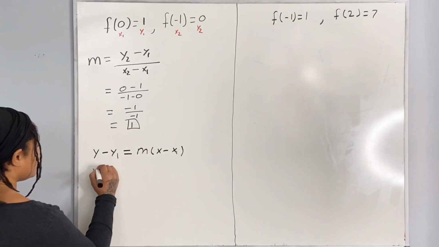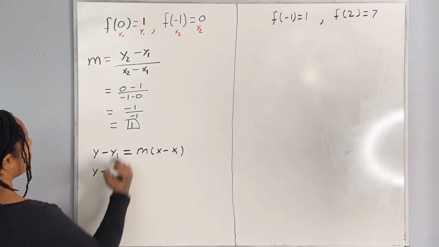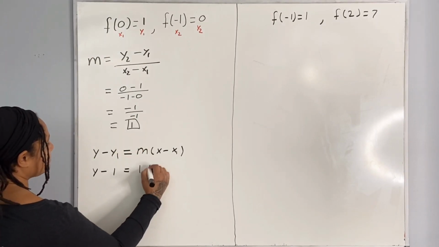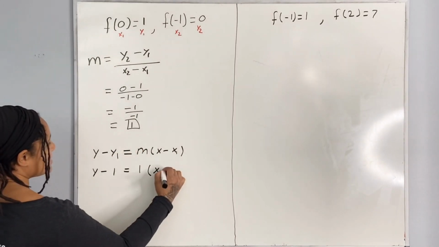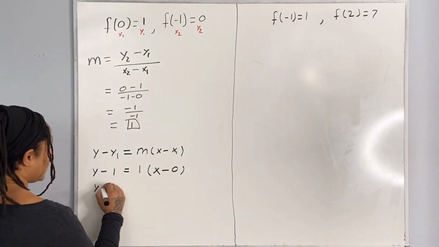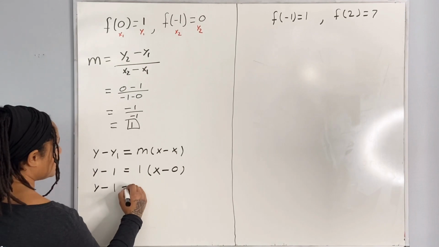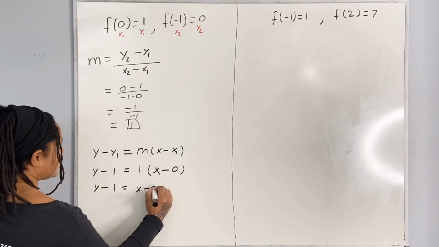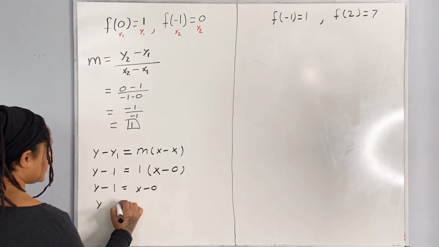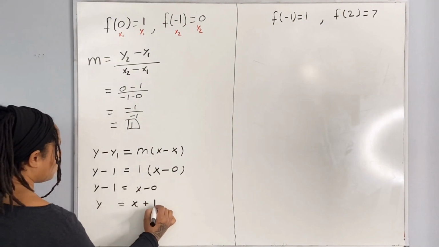So we say y minus our y1, which is 1, is equal to the slope, which is 1. Leave x as is, minus x1, which is 0, which is y minus 1 is equal to x minus 0, which is y is equal to x plus 1.